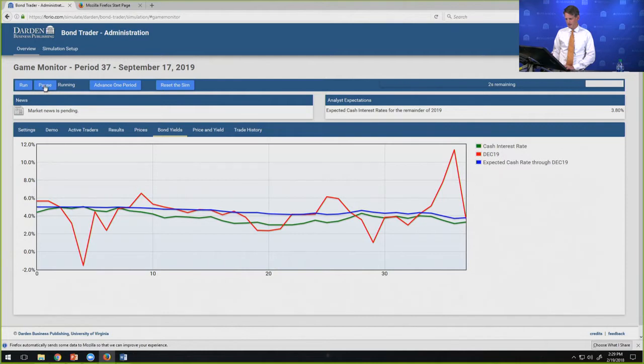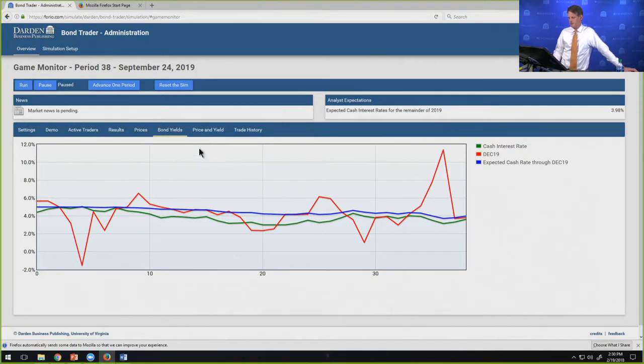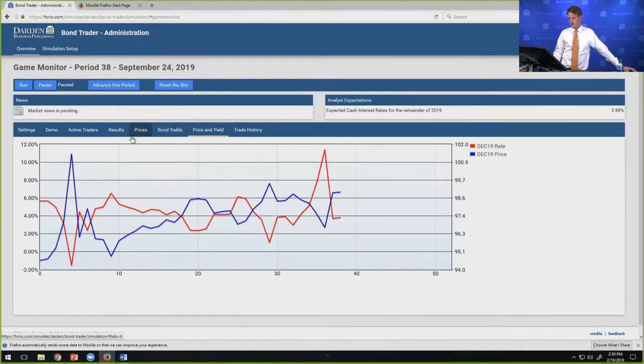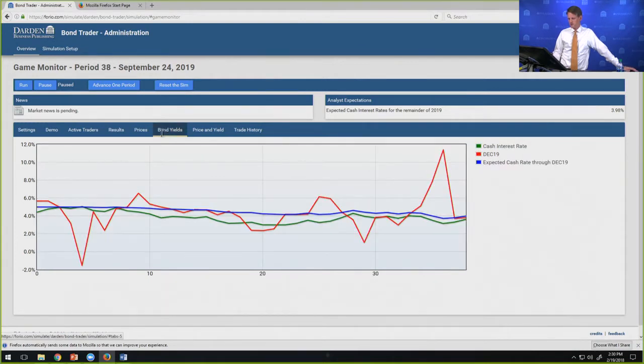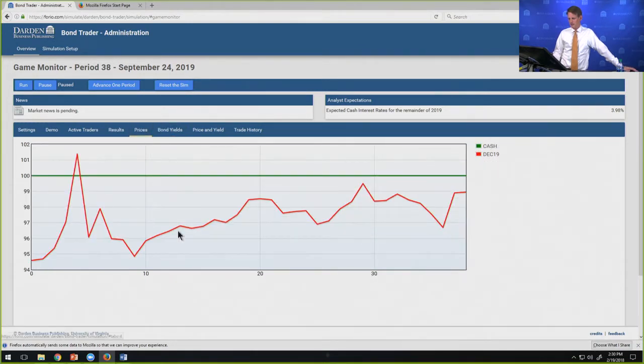So let me pause this here. So here we are in September, and we could chat again, or let it go through December, and at that point, talk through again these graphs and make sure that students understand this relationship between yields and prices, the notion of required returns, how prices behave, and how market prices are formed.